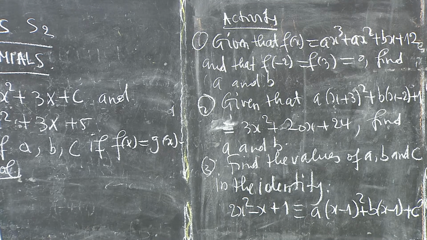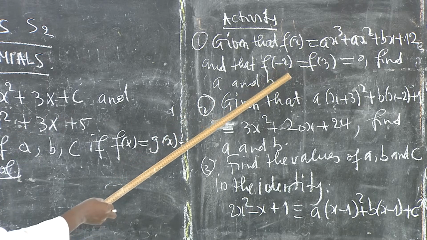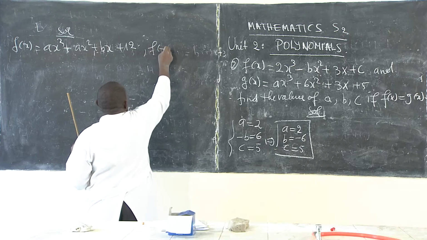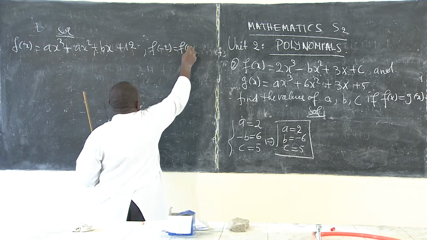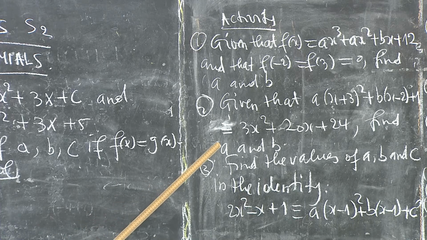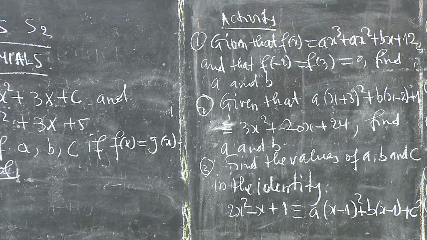And then f of minus 2 equals f of 3 equals 0. Then we have to find the values of a and b.